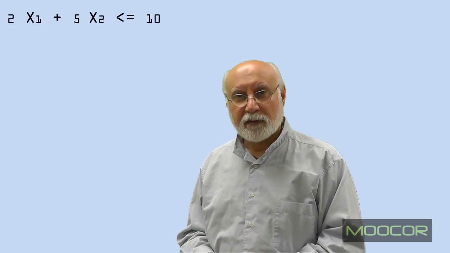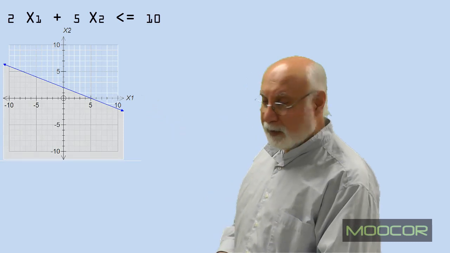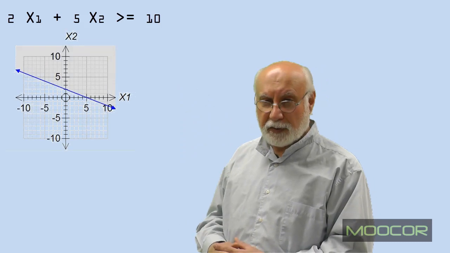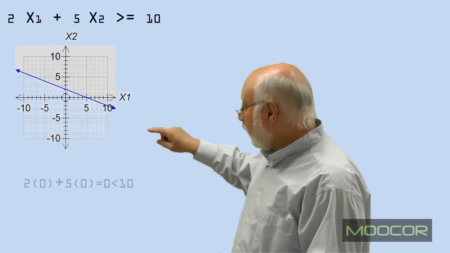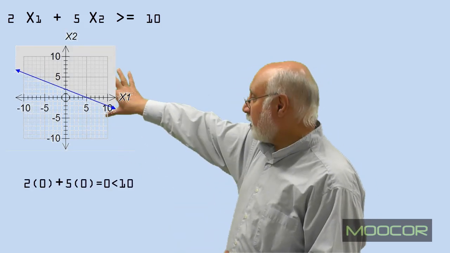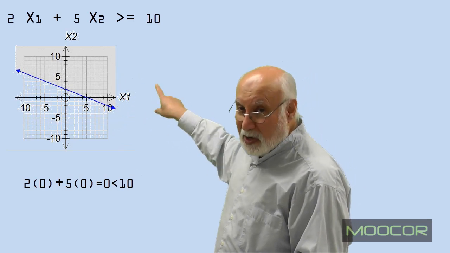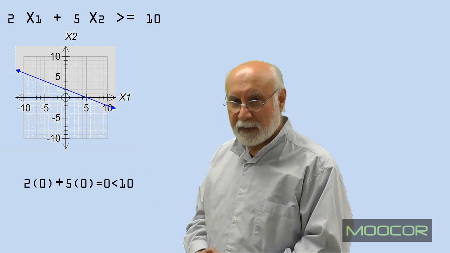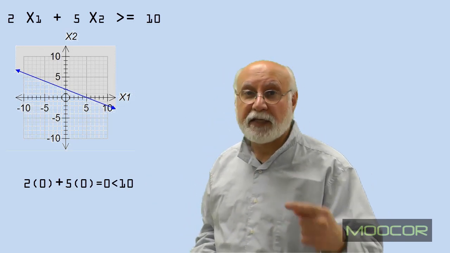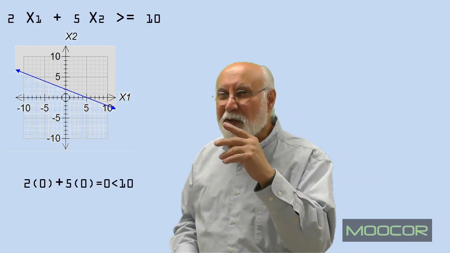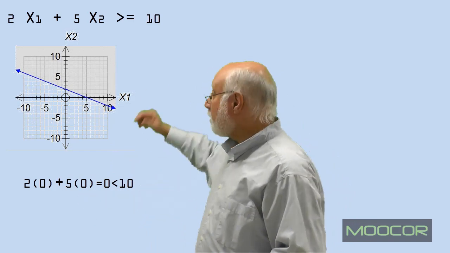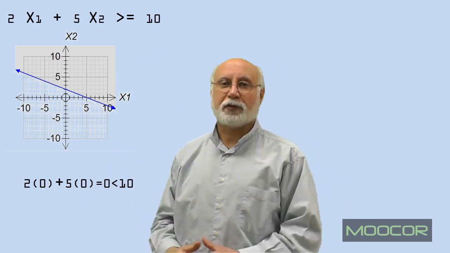What if your test point didn't work? Like, for example, this example that we have here. Here, I changed the sign to greater than or equal. And when I plug in 0, 0, I notice that 0 is not greater than or equal to the right-hand side. What it is telling me is that 0, 0 is not part of the solution. So if it is not part of the solution, then the other side is the solution.